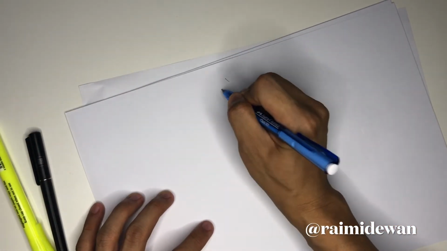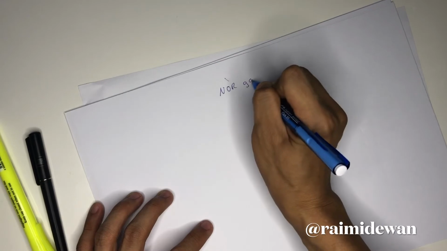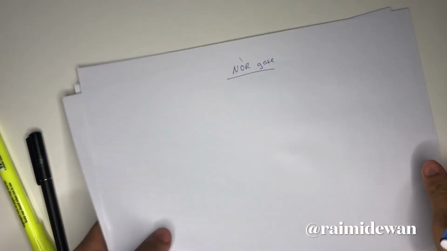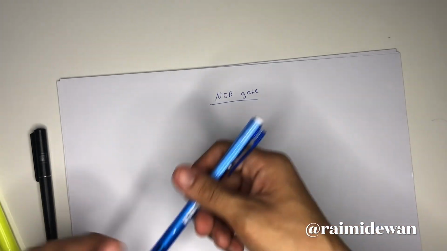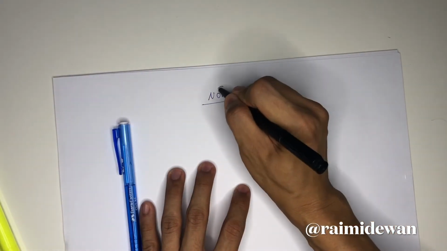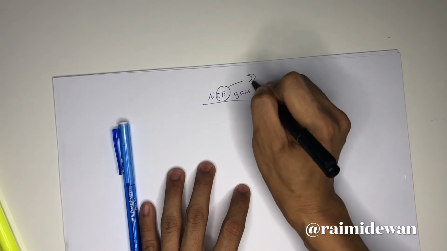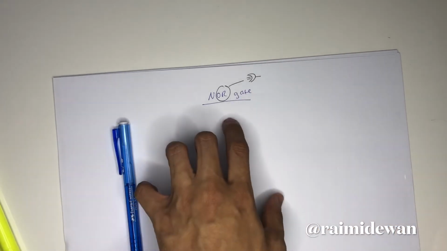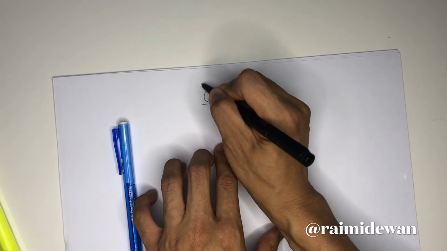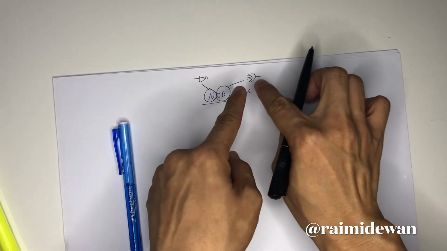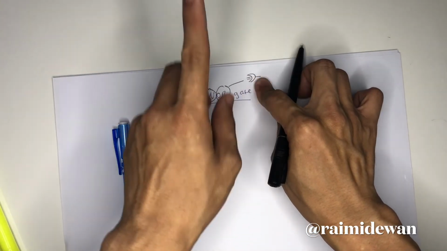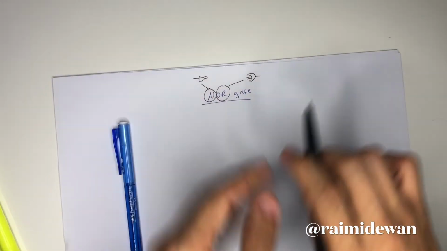Next, we go to the next slide, which is the NOR gate. Like NAND gate, this is your OR gate and it is your inversion gate. It will pass through the OR gate first, then it will pass the inversion.